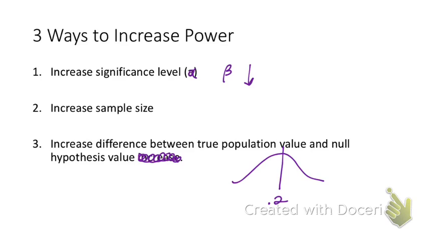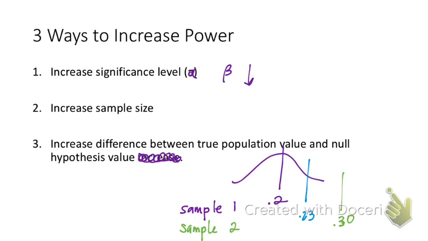So when you take a sample, you're trying to have evidence against 0.2. Maybe in sample 1 you take a sample and you get 0.23. Then in sample 2, you take another sample and you get 0.30.